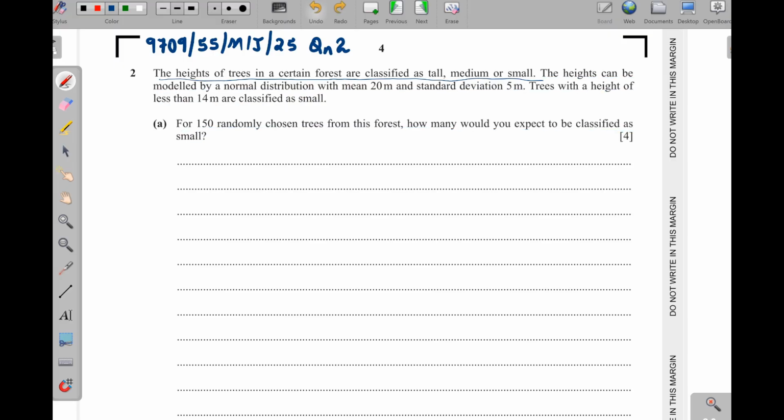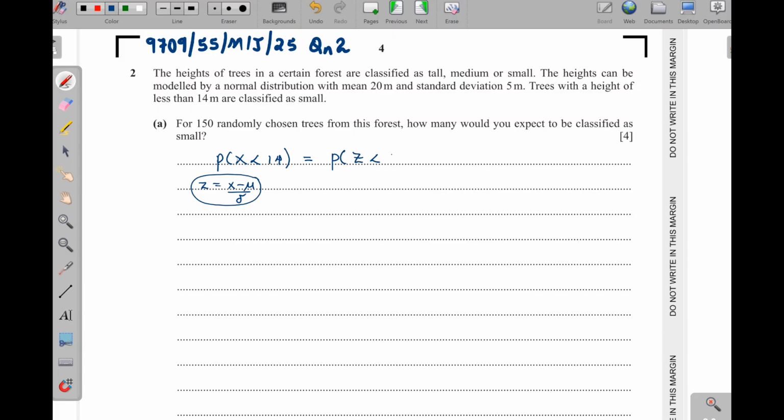Now remember, those that are classified as small, their height is less than what? 14. So that means I will have probability of x less than 14, right? Which is going to be equal to, then we standardize this one, z less than, remember z is equal to x minus mean out of the standard deviation, right?